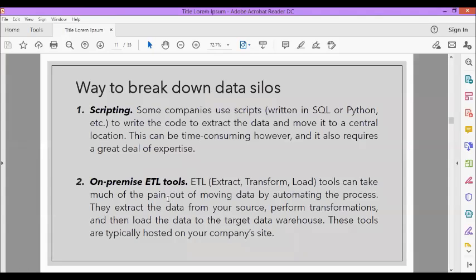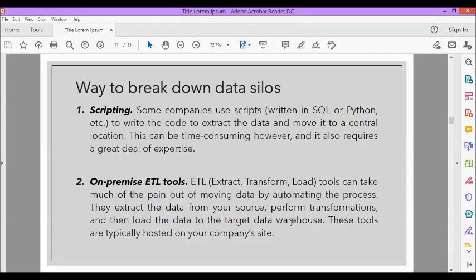The second one is on-premise ETL tools. ETL stands for extract, transform, and load. These are tools that can take much of the pain out of moving data by automating the process. They extract the data from your source, perform transformations, and then load the data to the target data warehouse.